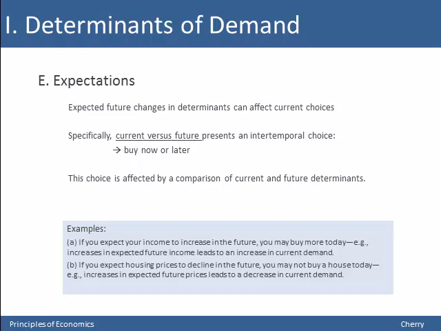If you think that prices are going to increase in the future, you might go ahead and purchase it today. Again, vice versa, maybe you think prices are going to fall in the future, so you wait and reduce your purchases today to buy more in the future when you think the price is going to be lower. So what you think is going to happen in the future can affect your decisions today, and that's what we're referring to when we say expectations.